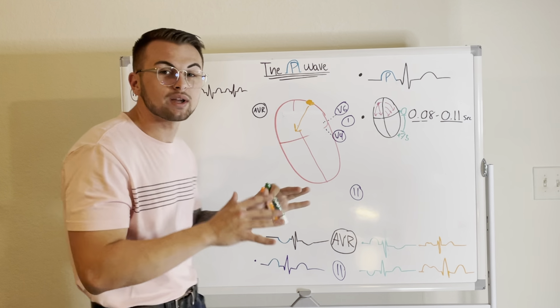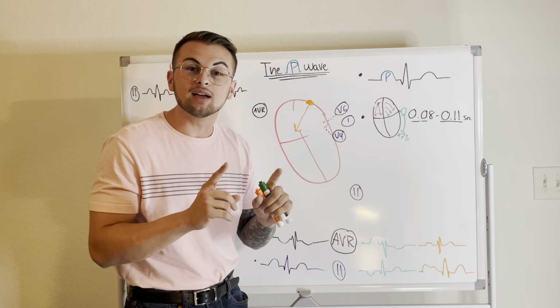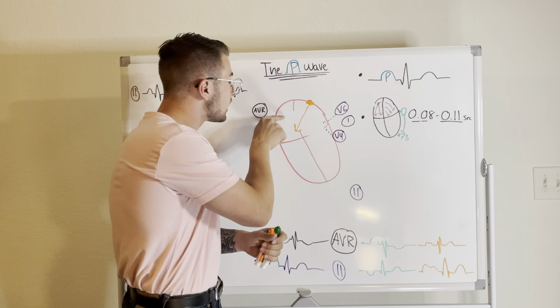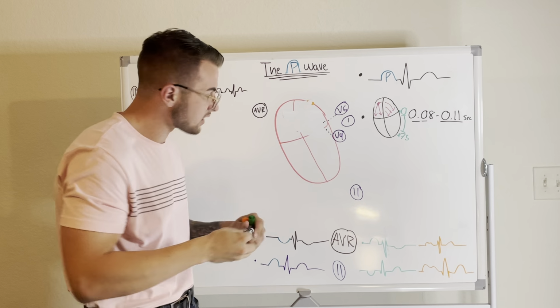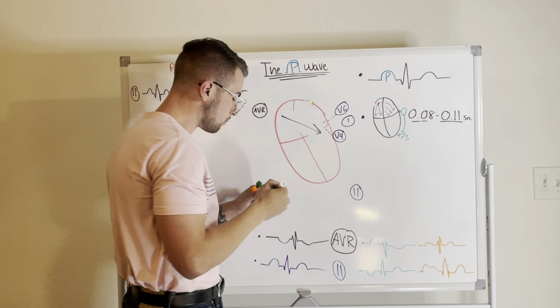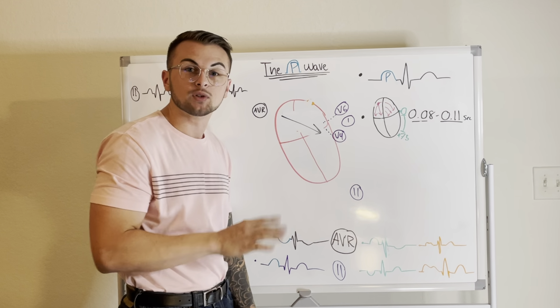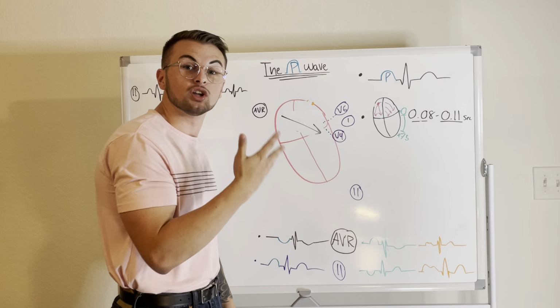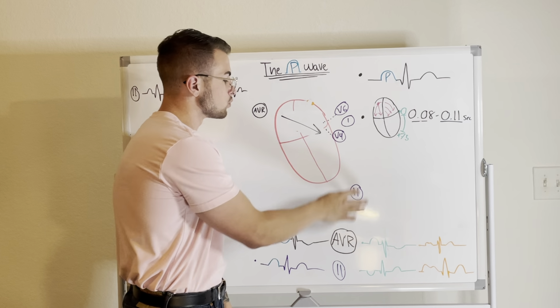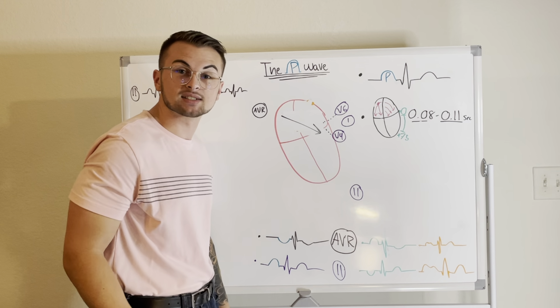So, what have we learned today? We have learned that the P wave usually is negative in AVR because the positive depolarization vector moves away from AVR. We have also learned that this positive depolarization vector usually heads towards leads 1, 2, V4, and V6.